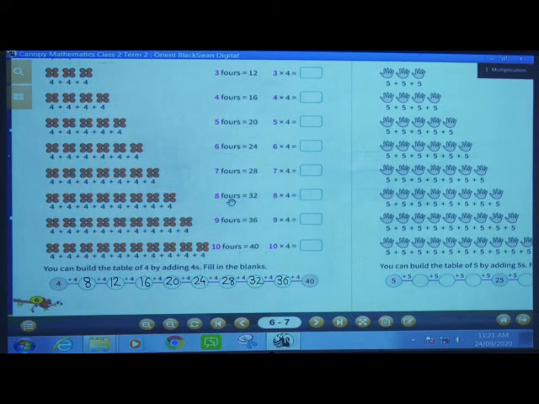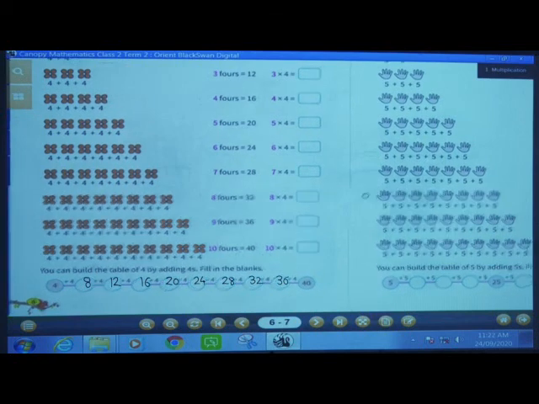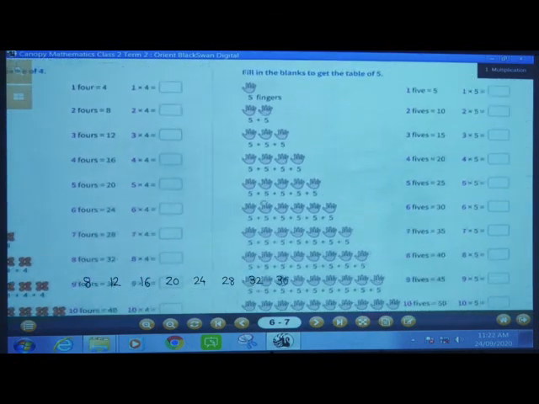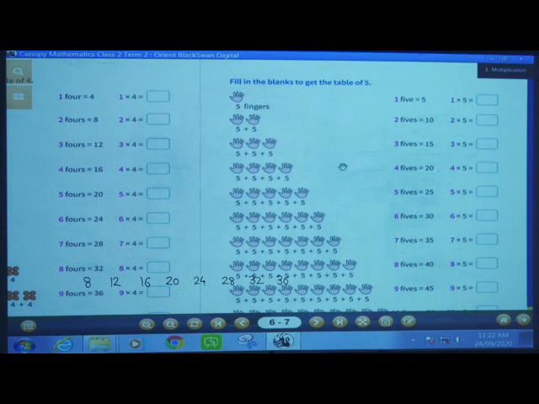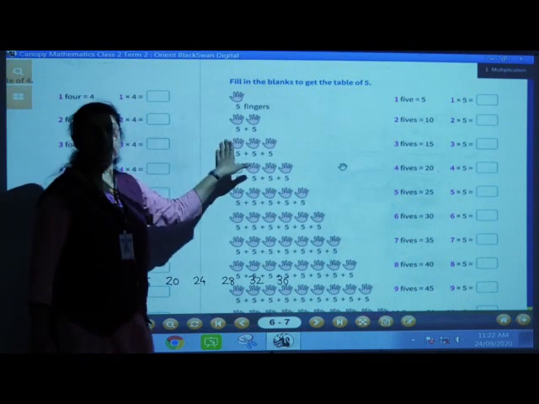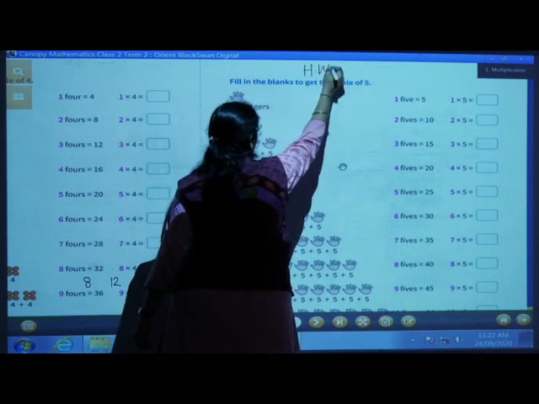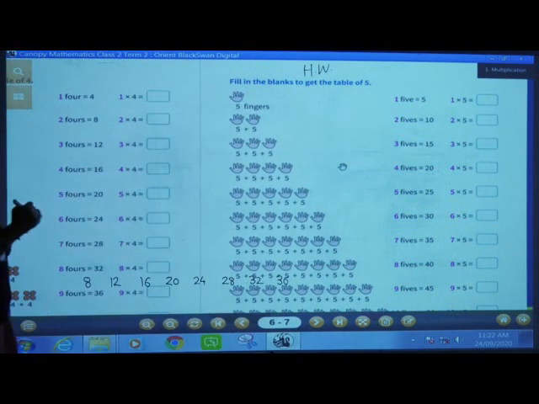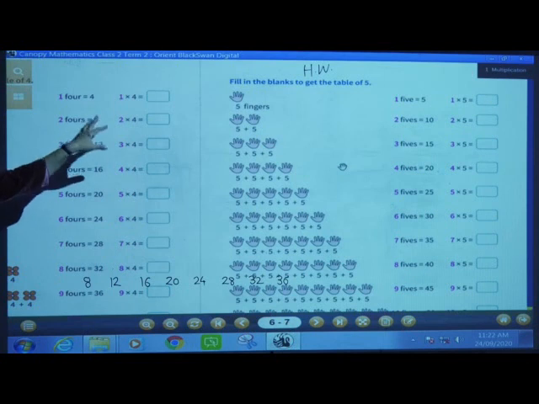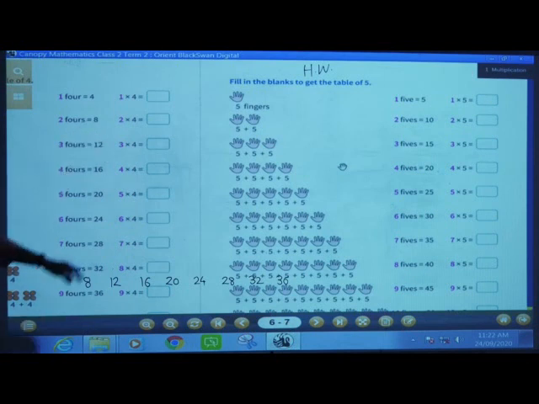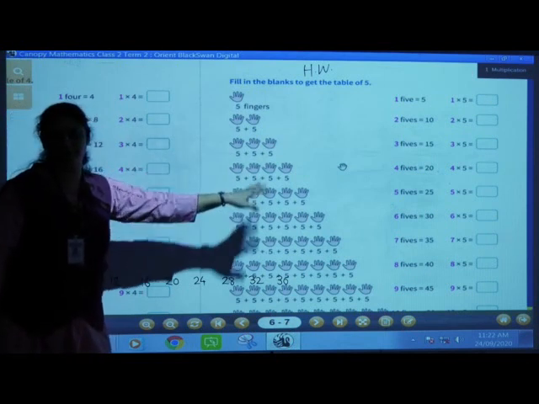Done? Fill in the blanks to get the table of 5. This is the homework. You have to do the same as we have seen, the tables of 2, 3, 4. Okay? This is the homework.